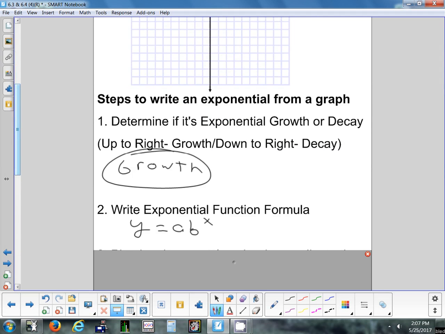In that formula, what are the 2 letters you have to figure out? A and B, you do have to figure out. Okay, any questions on why this one is growth or why that's the formula?